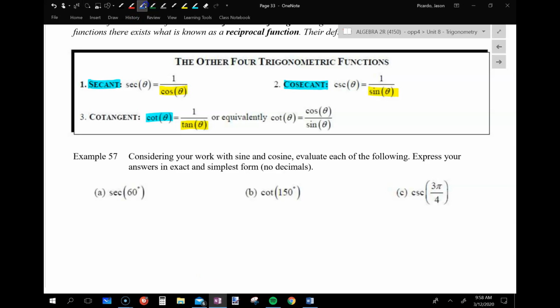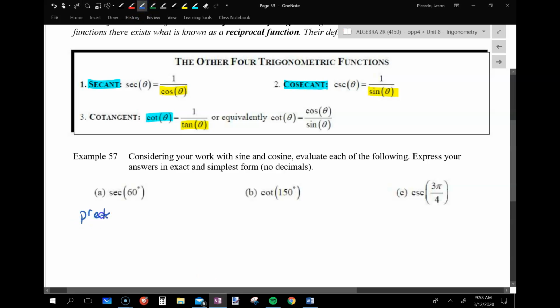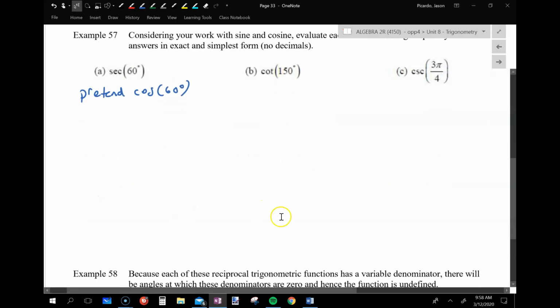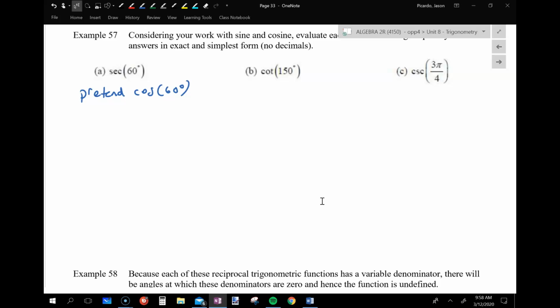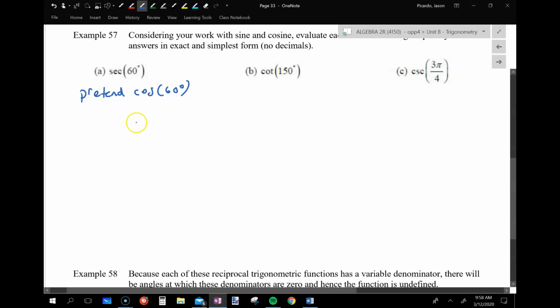So let's pretend this says cosine of 60 degrees. Okay, let's just pretend. If I asked you guys to give me the value of that, what would you do? Well, if you've been following along at home, you would do this.